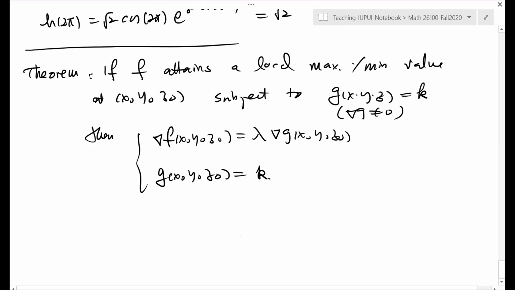Now, let's take a look at a problem in 3 variables.